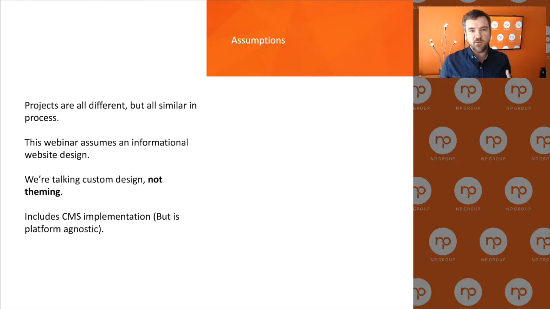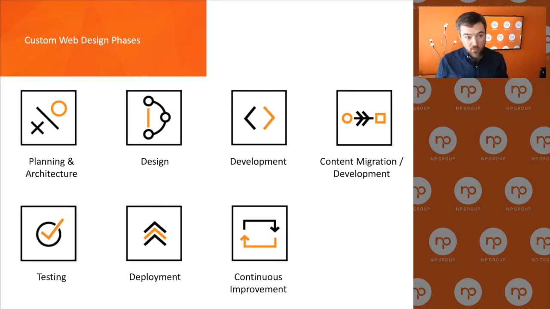So that's the type of project we're going to be talking about. I will be talking CMS implementation. I might refer to WordPress or Drupal or Kentico or whatever throughout the conversation, but I'm going to try to stay mostly platform agnostic. So with that said, let's talk about the phases in a custom web design project.